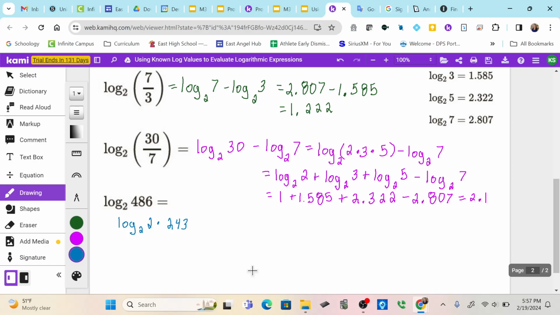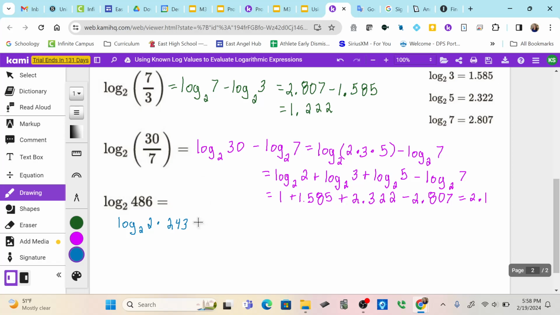That's 81. So let me see if it is a power of 3. 3 to the 7th is 2,187, so that's too high. 3 to the 6th is 729. We're getting closer. 3 to the 5th is 243.